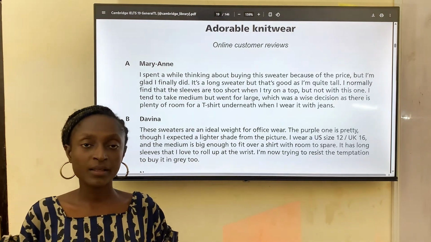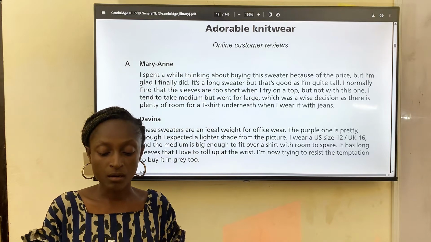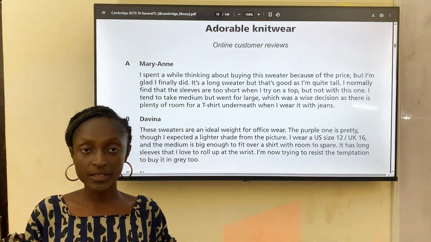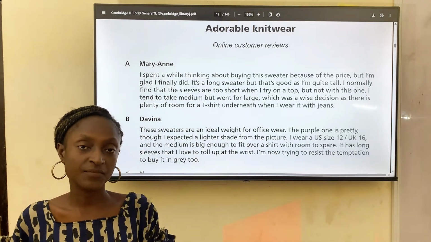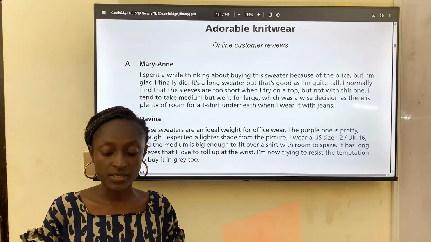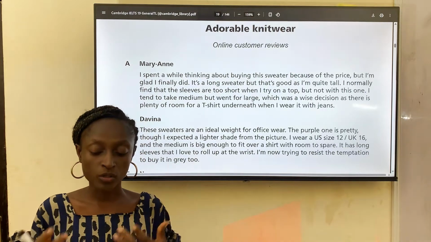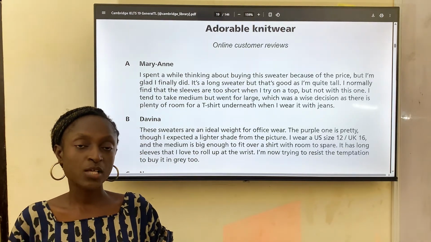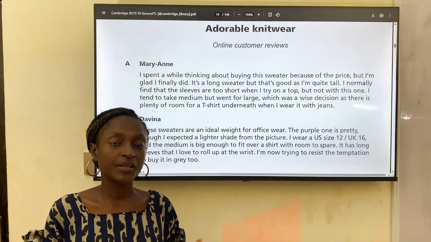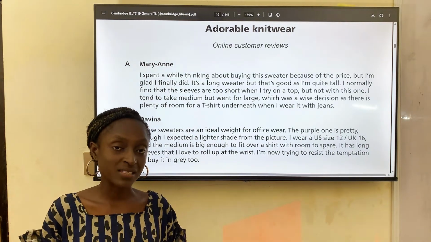Then another thing is that we don't really do much of reading, though we are reading, but we are not reading extensively. What we are doing is to read quickly, to have the main idea of what the passage is saying. So that's why we make use of the reading skill known as skimming.